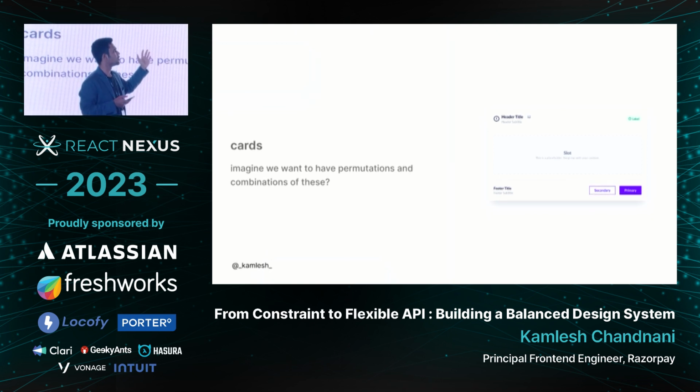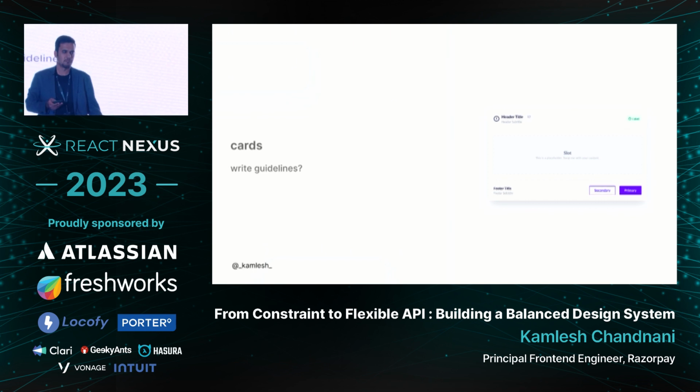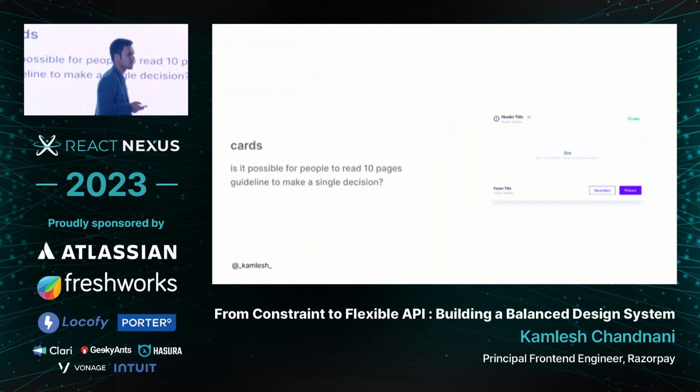You could have one of these, many of these, none of these, and all sorts of permutations and combinations. What would you do? Will you write guidelines? Of course not, right? Guidelines are not going to help us. I might not read 10 pages of guidelines or instructions before I take a decision.